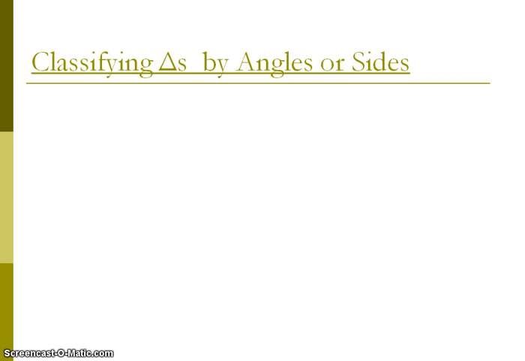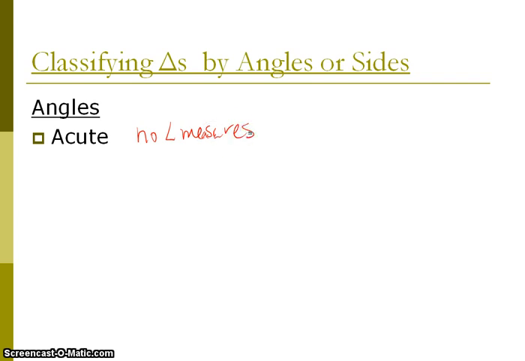Now, there are lots of ways we have learned to classify triangles, both by angle, in which case we have acute triangles, and I hope we all know that acute triangles are triangles in which no angle measures 90 degrees or more. So I guess a better way of saying this would be all angles are less than 90 degrees.